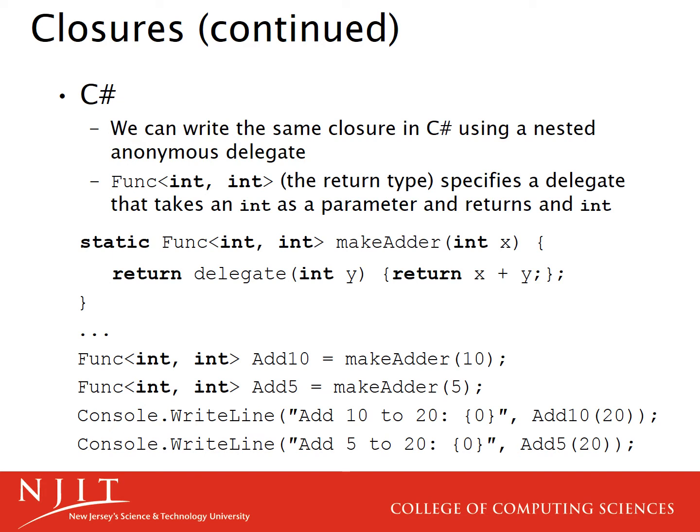And you can see there, the syntax is a little bit different, but I can make something called add10, which is a function that takes an argument and adds 10 or adds 5, whatever it happens to be. So you can see in both of these cases, the 10 and the 5 are somehow captured and remembered so that add10 knows it's an instance of makeAdder to which 10 was passed. So that 10 value is somehow captured.